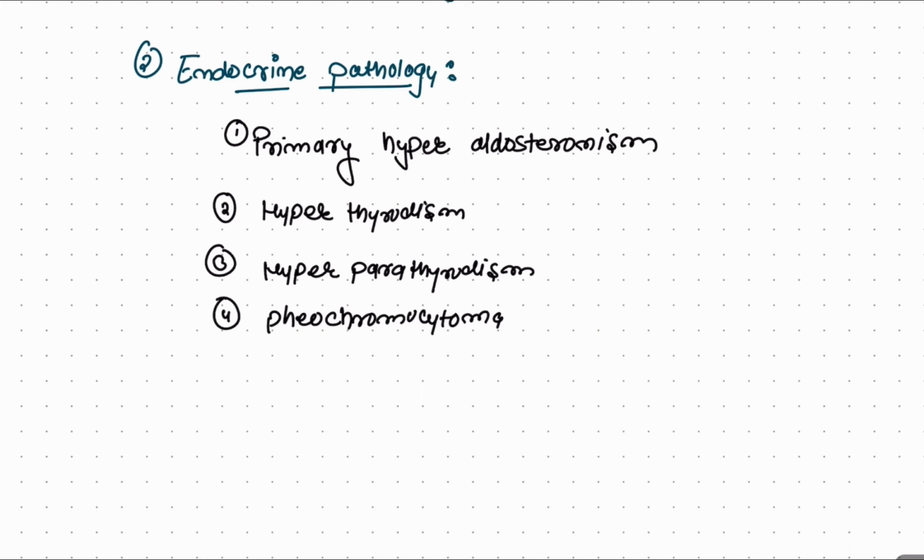In hyperparathyroidism, the calcium ion concentration in the blood is increasing, and calcium ion is responsible for the contraction of smooth muscle. So it is increasing the peripheral vascular resistance. In pheochromocytoma, the mineralocorticoid and glucocorticoid are also increased, and that is also responsible for the hypertension.